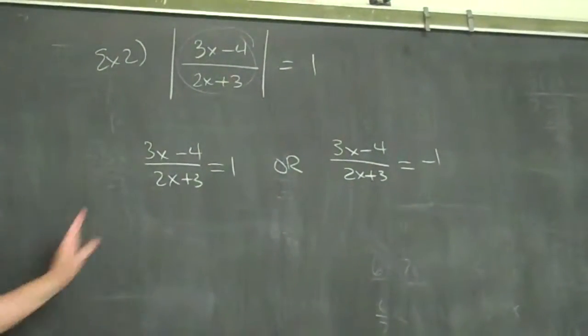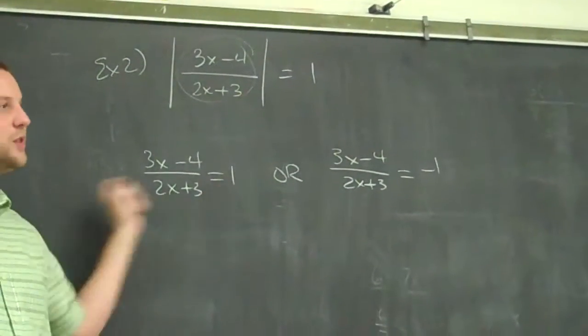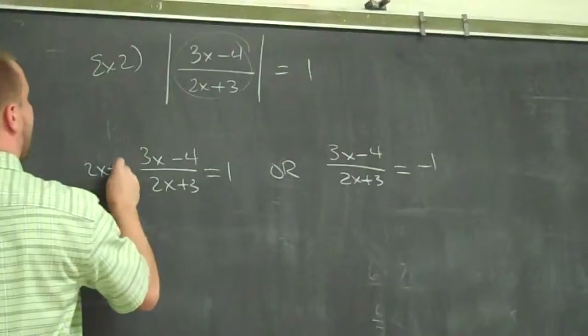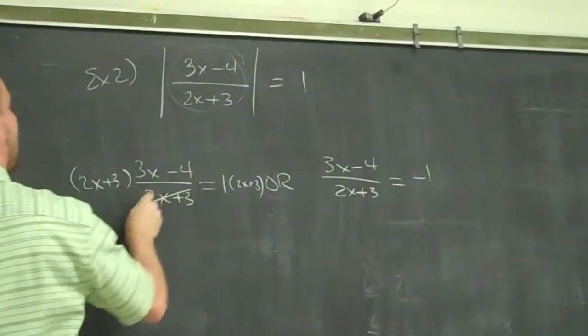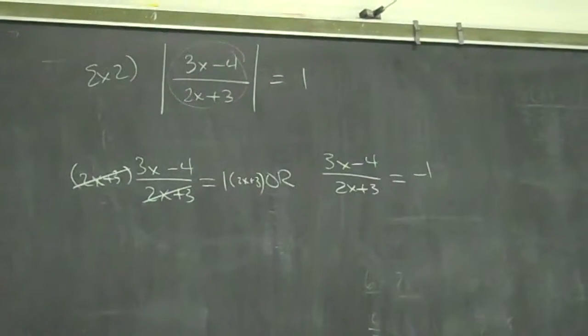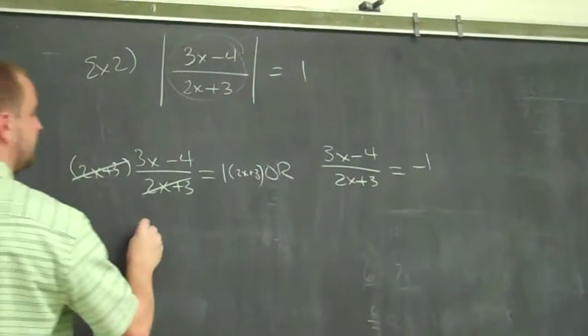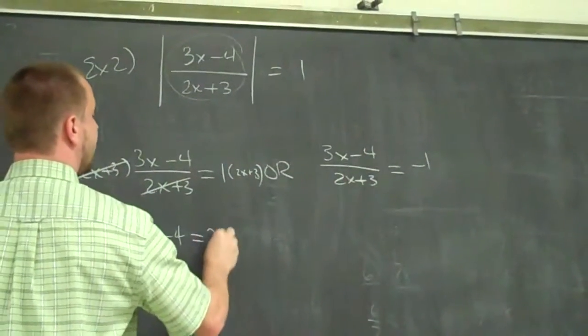If I'm going to clear fractions, I multiply both sides by my lowest common denominator, which is just 2x plus 3, right? The multiplying and the dividing cancel out on the left, leaving just 3x minus 4 equals 2x plus 3.